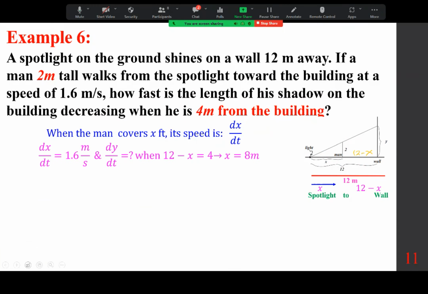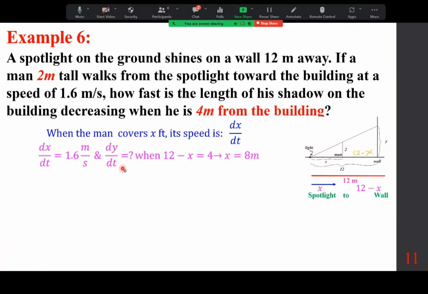So we write this. dx dt is 1.6 meters per second. The dy dt is missing. And at the precise moment of 4 meters from the building, 12 minus x equals 4. That means x equals 8. At the moment that x equals 8, we are interested in finding dy dt. Now, this is pretty simple.